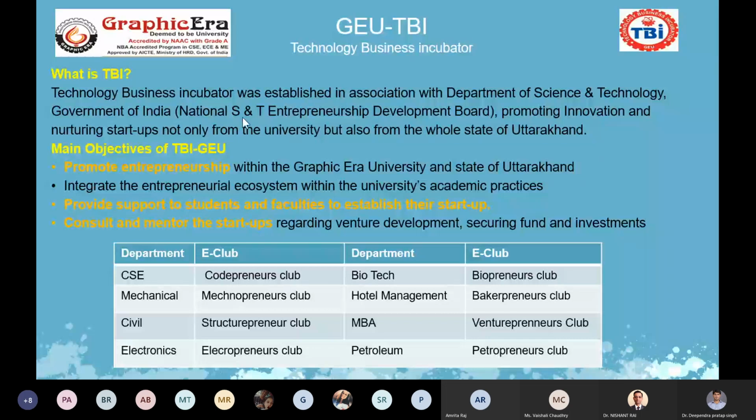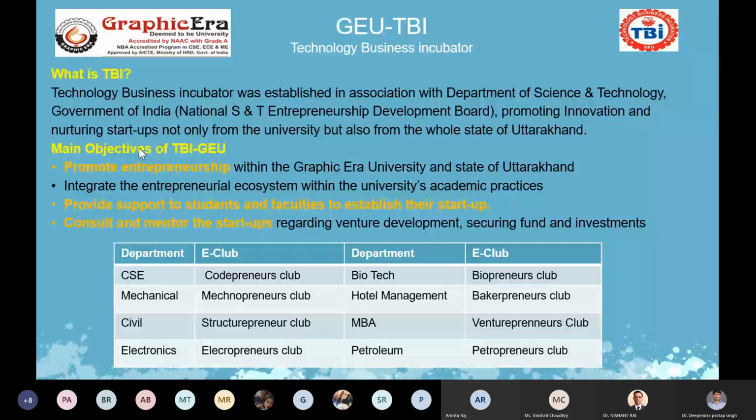It aims to promote innovation and nurture startups, not only from the university but also from Uttarakhand. The main objective the TBI is working on is to promote entrepreneurship. It supports the students and faculties to establish their own startups, right?